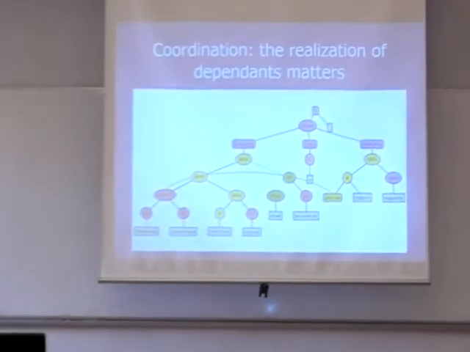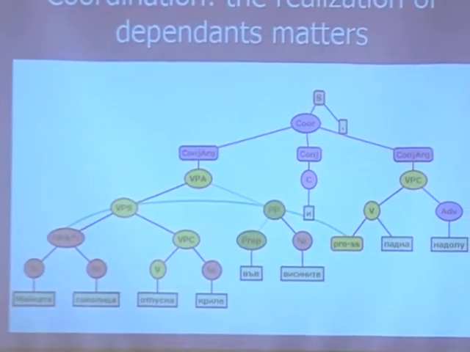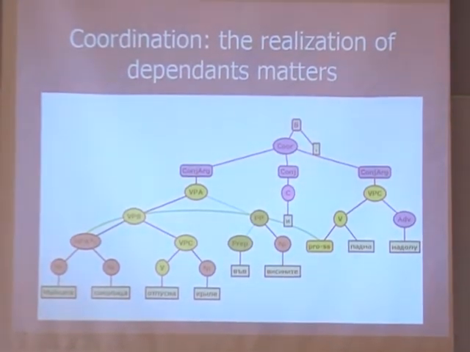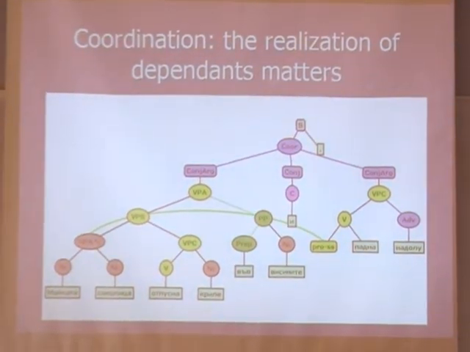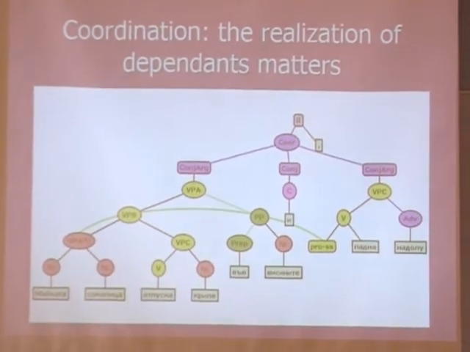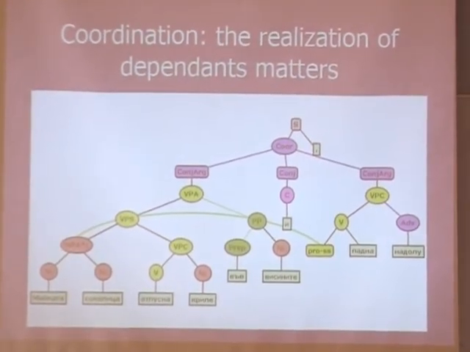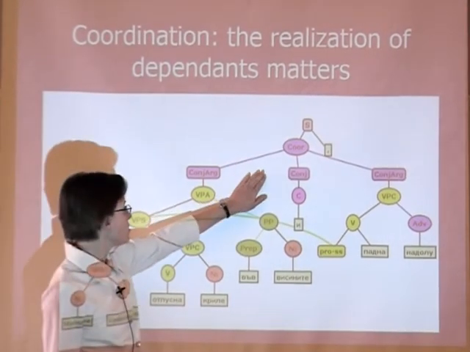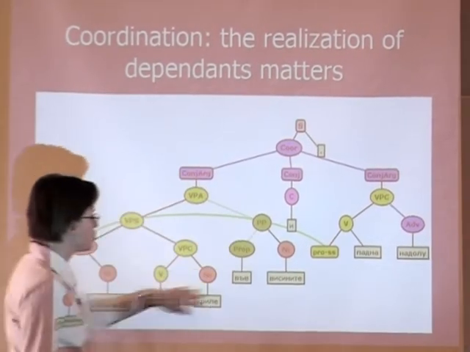Here is one example where the realization of dependence matters. I don't think it's crucial if you don't understand the words, because I would like to talk about the structures here. We have the coordination phrase and the first conjunct.